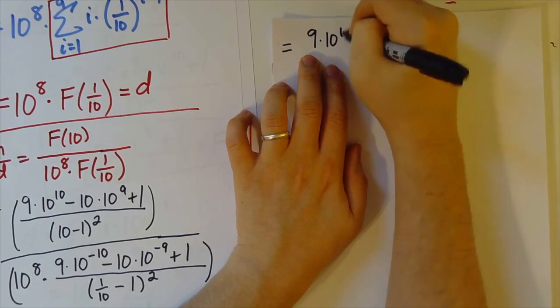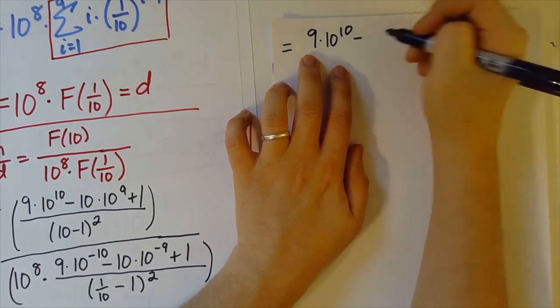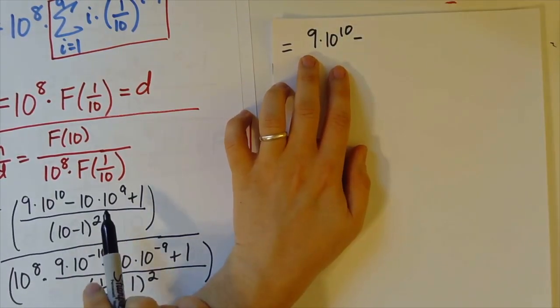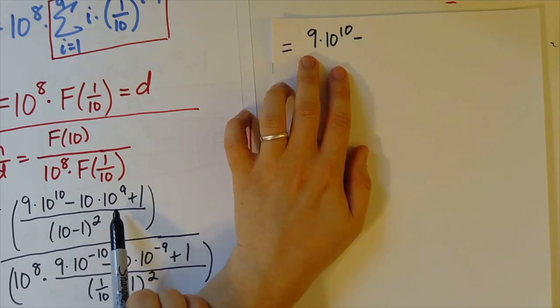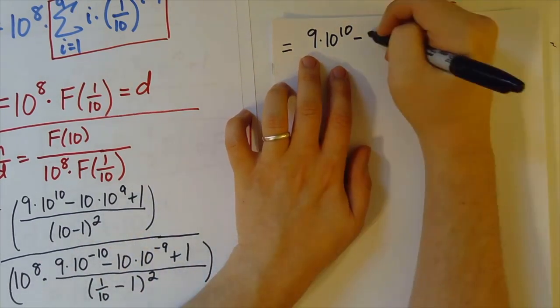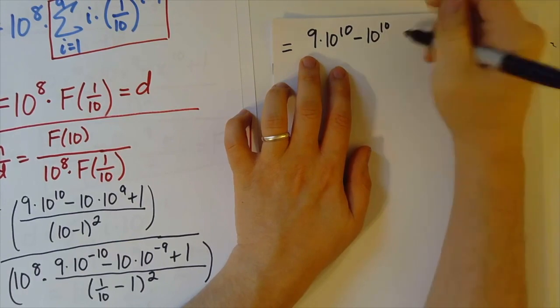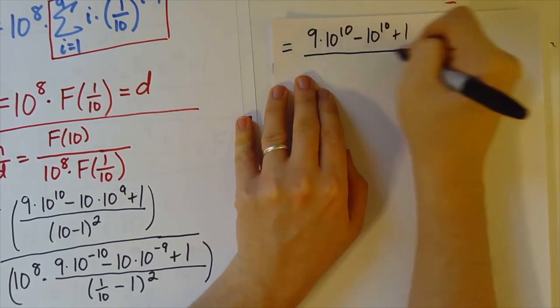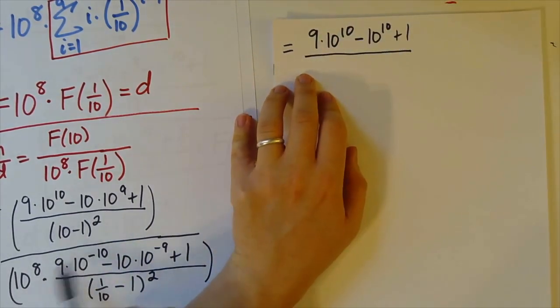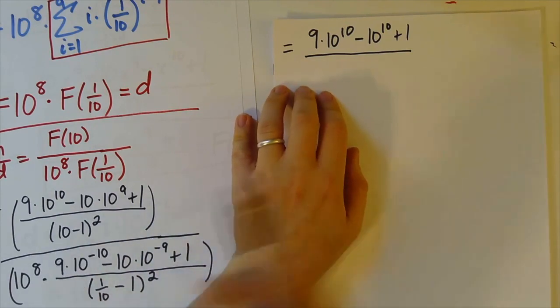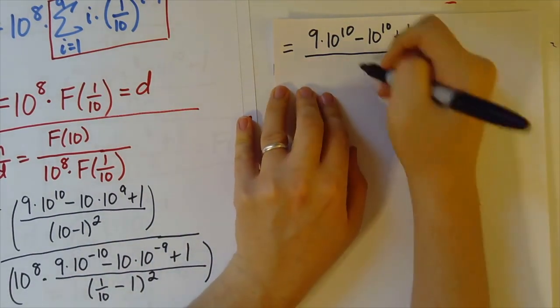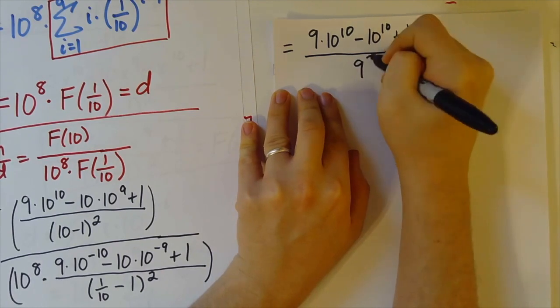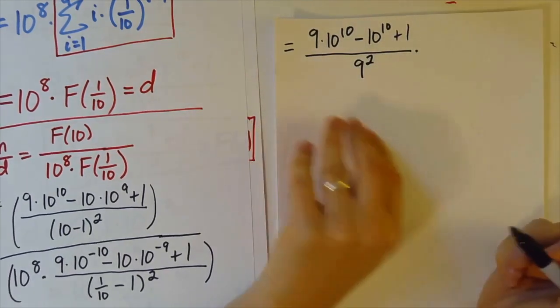So that is 9 times 10 to the 10th minus, and then this is now 10 to the 10th because it's 10 times 9 tens multiplied together. That's just the same thing as 10 tens multiplied together, plus 1 divided by, and then this is just 9 squared. 9 squared, I'll just write as 9 squared, although you could write it as 81, whichever makes you happier.